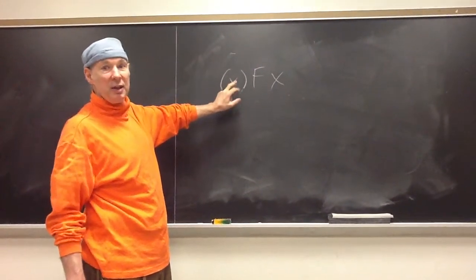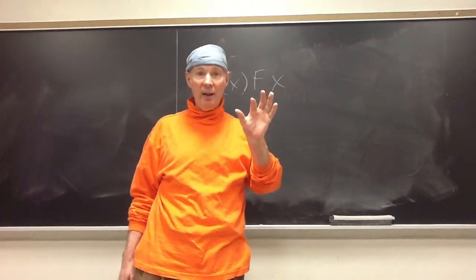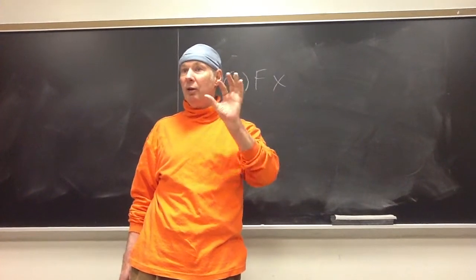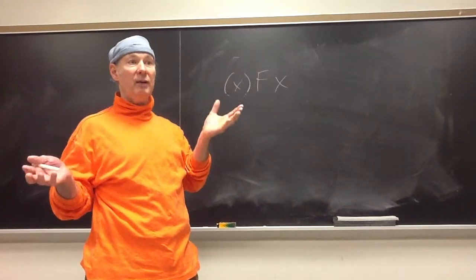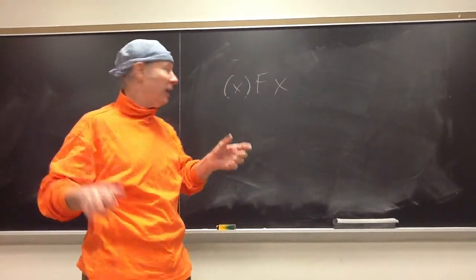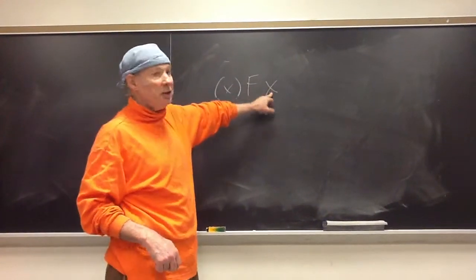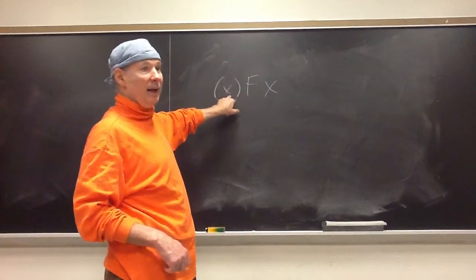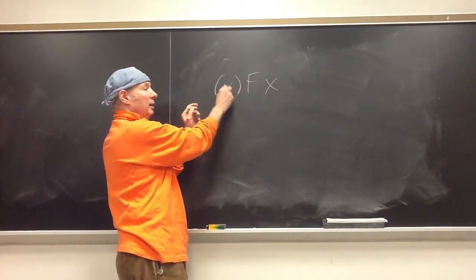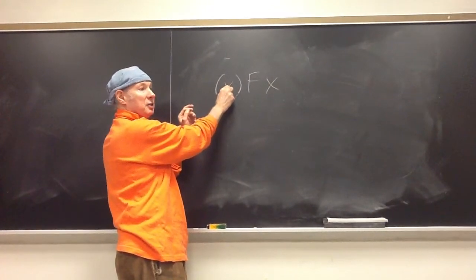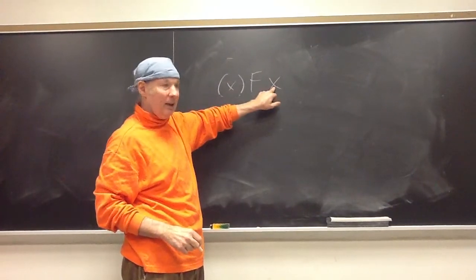The x is the name of the domain of objects, the set of things that that quantifier ranges over. When I say everything, I'm talking about some set of objects, everything in that set. And that x tells me what they are. This x refers back to that x. So all things in the domain x are such that each one has F.